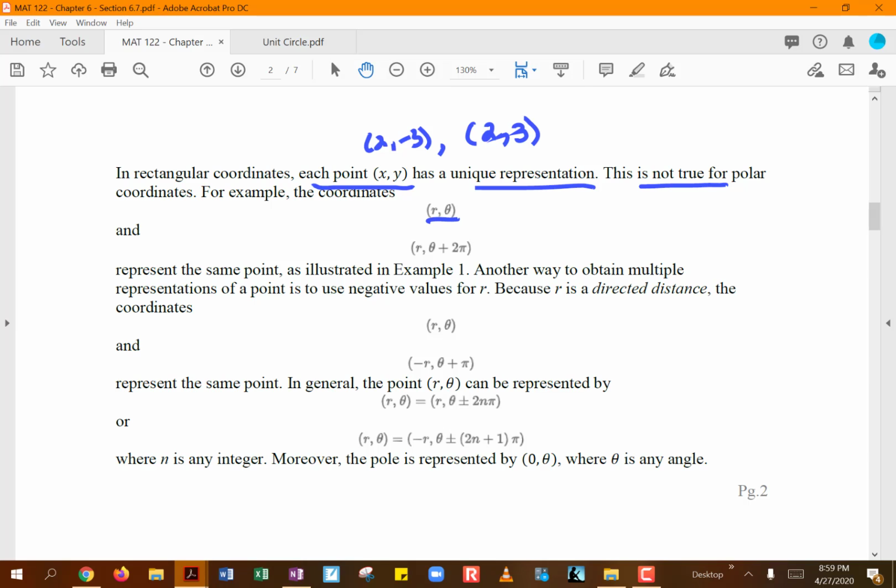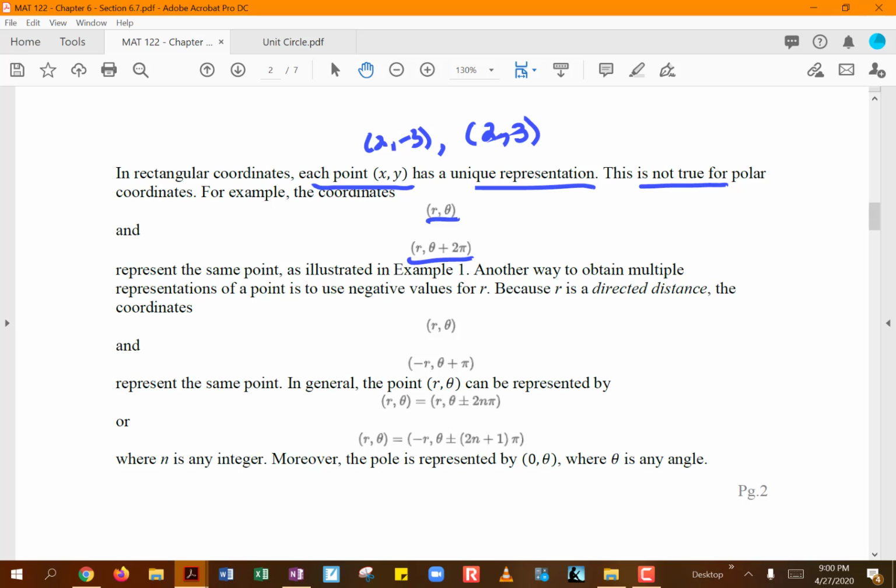So your r comma theta is actually going to be the same point as r comma theta plus 2 pi, because when you do plus 2 pi, you're basically coming a full circle and coming back to that same point. So since your angle measurement can keep changing, for the same point you can have multiple different representations. You can write it in many different ways.